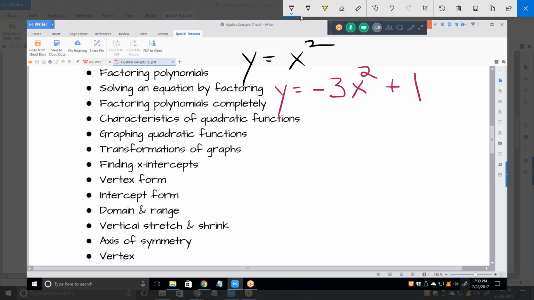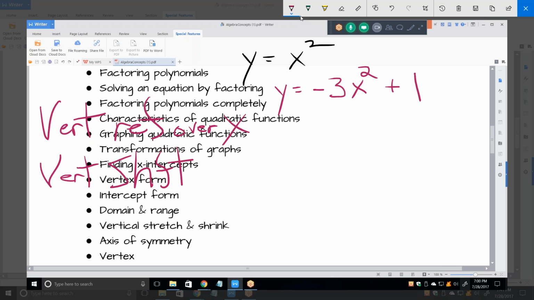It would be a vertical reflection. Over which axis? Over the x. Okay, vertical means a reflection over x. What else is happening here? What's the +1 do? It would be a vertical shift.